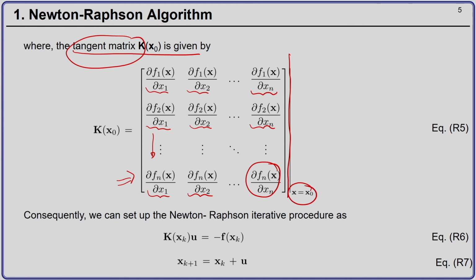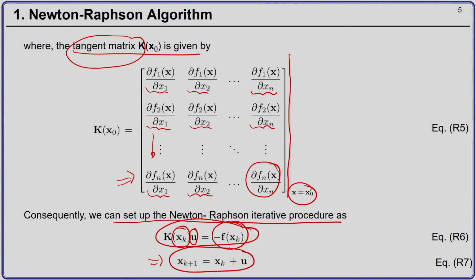And now, we can set up the Newton-Raphson iterative procedure using the following equation. The tangent matrix evaluated at a particular Newton-Raphson step k, into the direction u, equals minus f of x k, and then the variable x is updated as x k plus 1 equal to x k plus u.